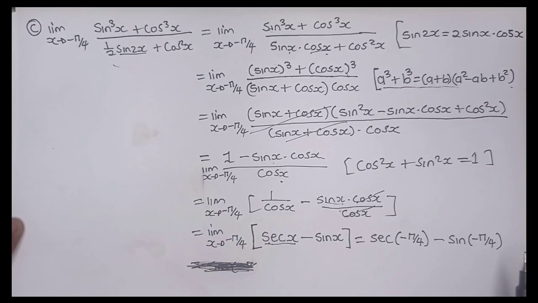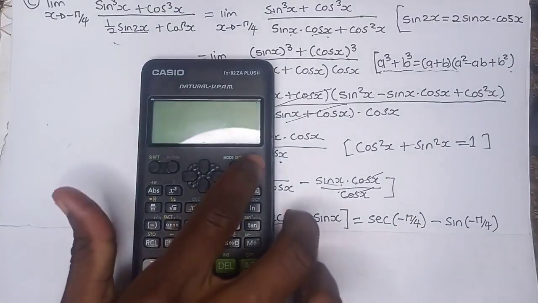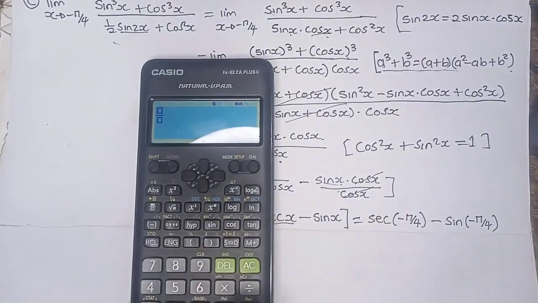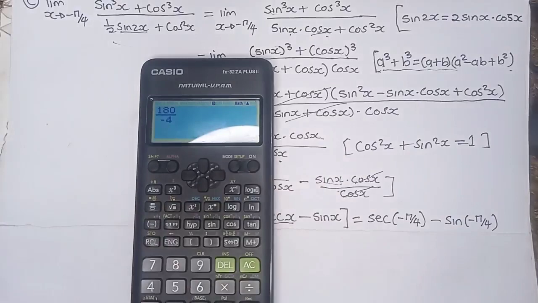And you know that pi is 180 degrees, meaning negative pi over 4 is just negative 45 degrees. We just divide 180 degrees by negative 4. That's how you find the negative 45 degrees.